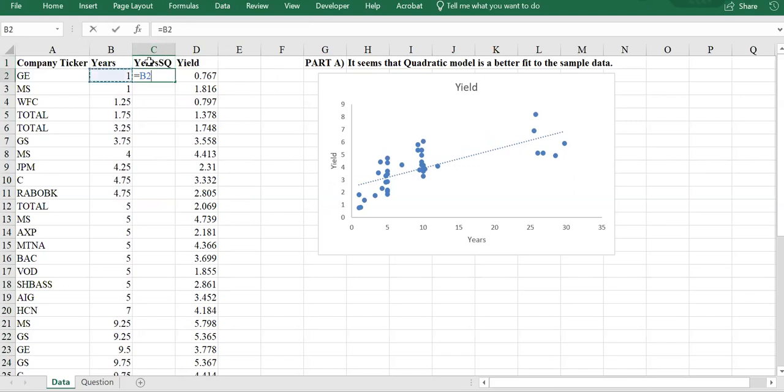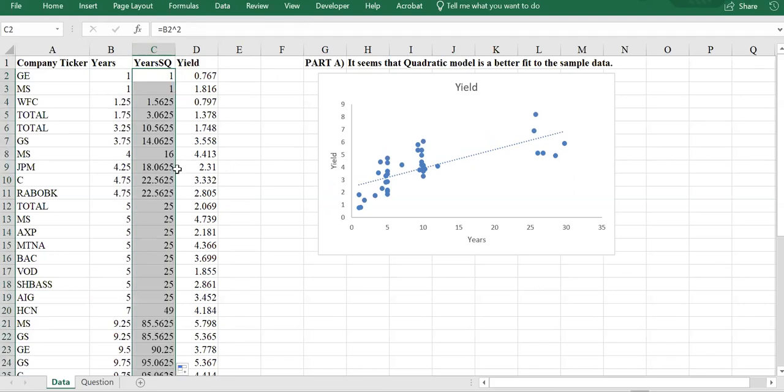It's going to be B2 squared, and I drag the cell down so the formula gets copied.